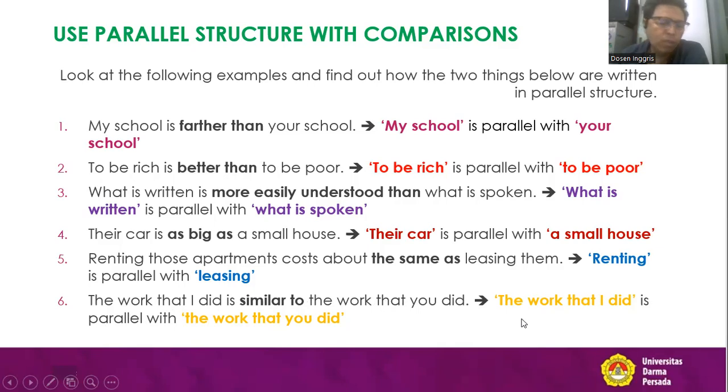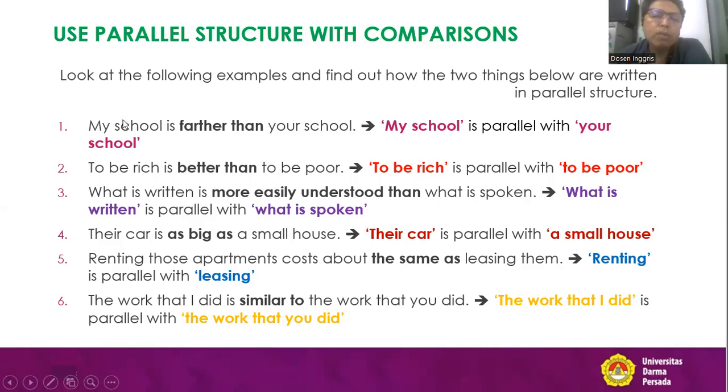So the work that I did is parallel with the work that you did. If somebody asks you what kind of format this is, the answer is this is an adjective clause, that I did and that you did. That is adjective clause. So again, everybody, all those six sentences are telling us that we can express our comparative sentences in several patterns: than, more than, as, the same as, similar to.